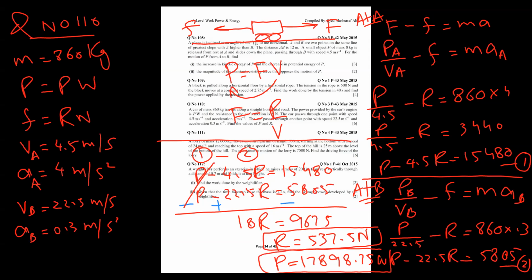But I need kilowatts, so the power moves 3 places, 1, 2, and 3. It turns out to be 17.9 kilowatts. And R is very clear, to 3 significant figures, 538 newtons. So we got the answer correct, and that question is completely over.